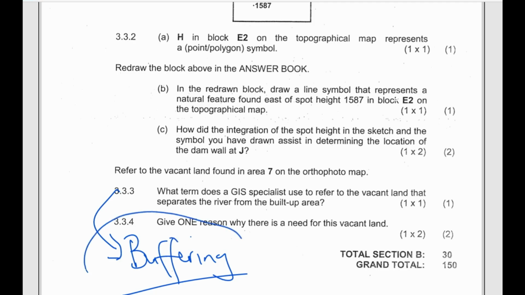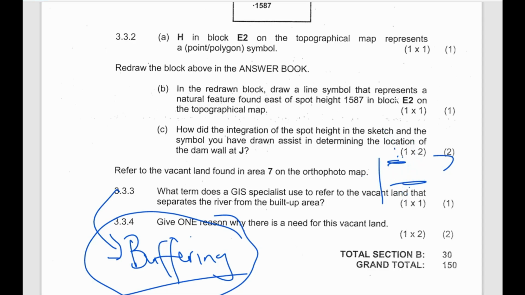So we put a boundary which demarcates where settlement ends and where the river should be. There should be a free space between here, whereby we can maybe introduce vegetation, or we can even fence off the river from human activities. So that land which is maintained between the extent of a settlement area and the river's coverage area, that is what we call buffering. So it's a geographical concept that we use to refer to such an act.